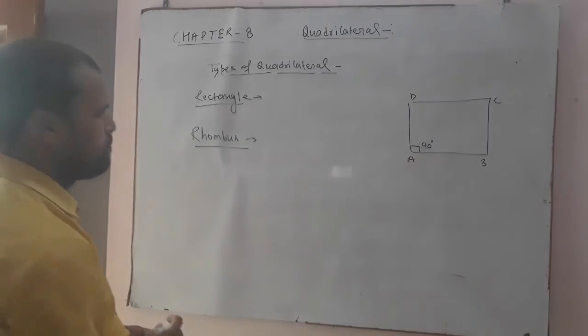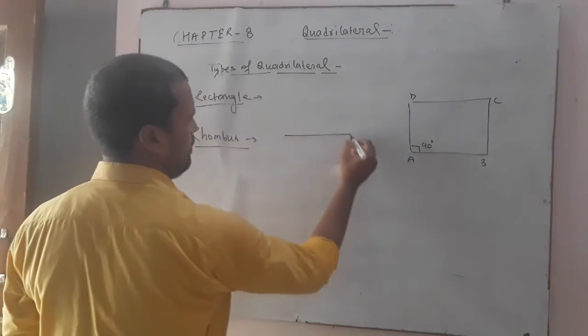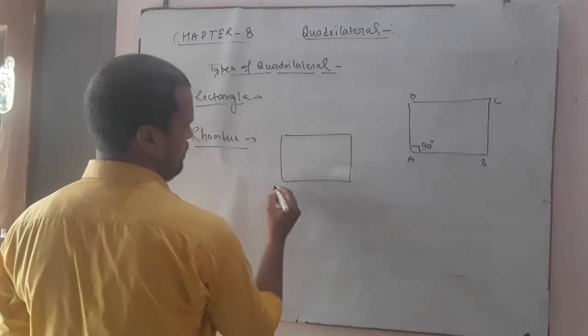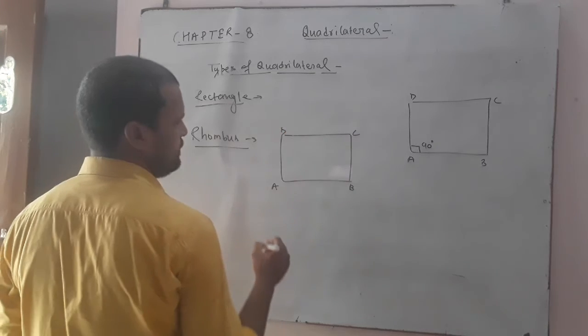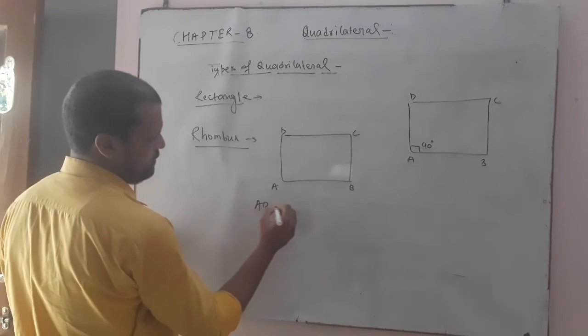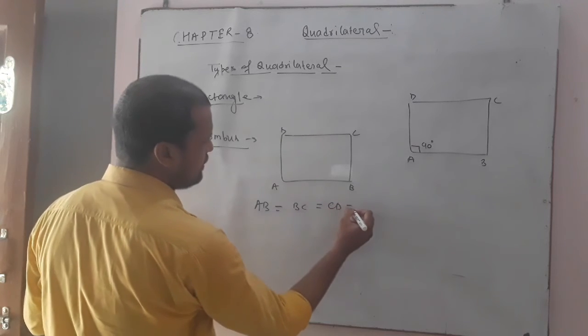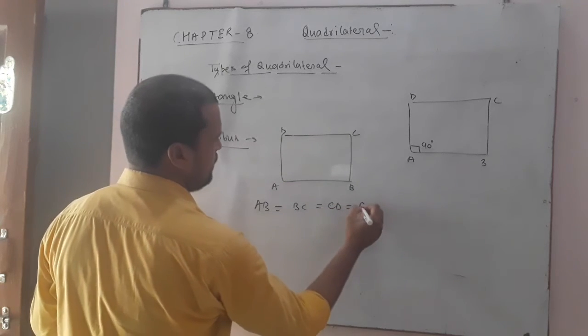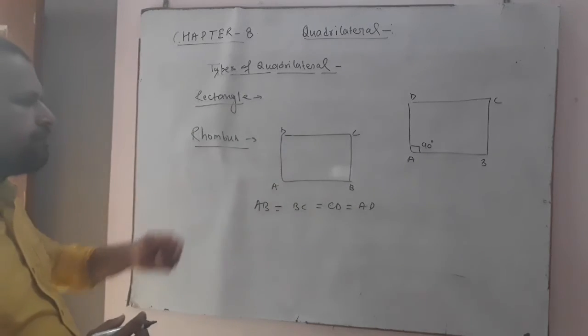Rhombus: if all sides of a quadrilateral are equal, ABCD, if AB equals BC equals CD equals AD, then it is a rhombus. How is it different from a square?